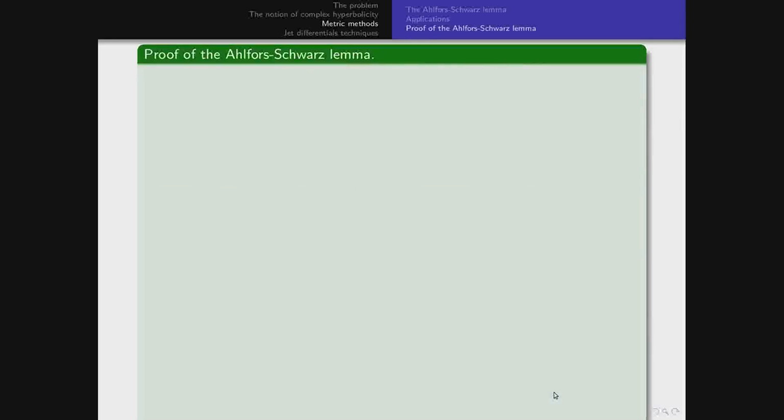Okay, and very briefly I will show you the proof of the Ahlfors-Schwarz lemma, but I will be quite fast on it, so don't hesitate to pause to get all the details. So first, to prove the Ahlfors-Schwarz lemma, we express precisely what it means that omega has holomorphic sectional curvature bounded from above by minus a, and you can see by the theory of curvature on disks that it means that you have this inequality.